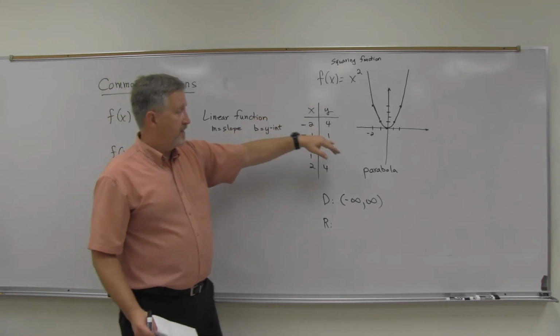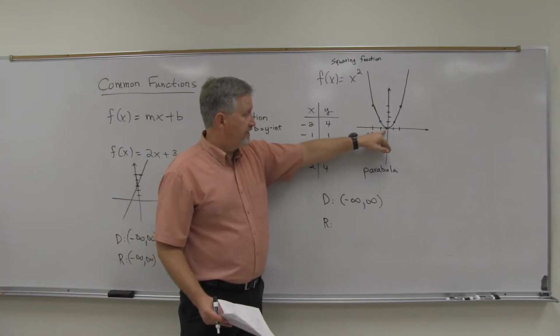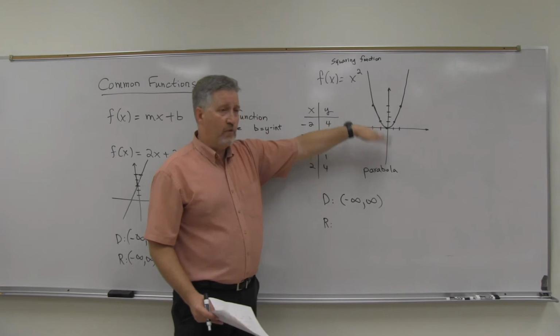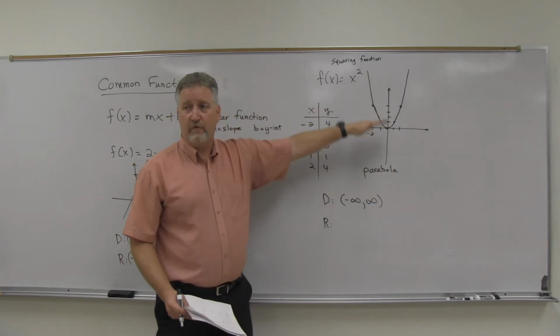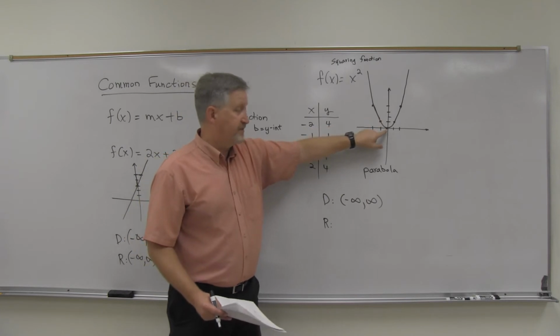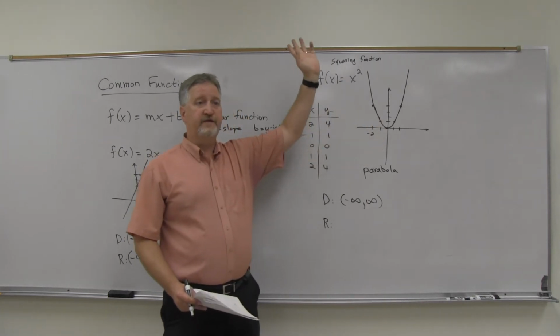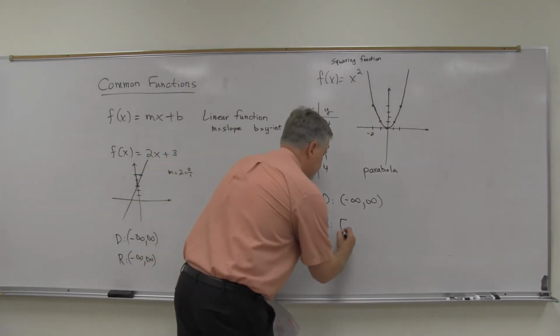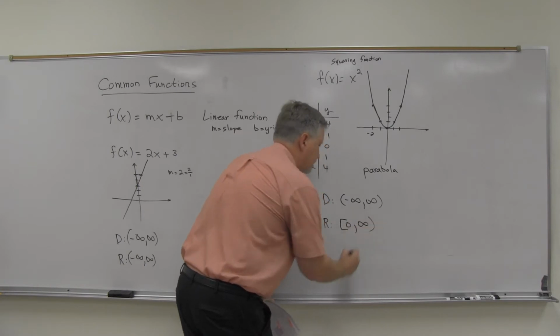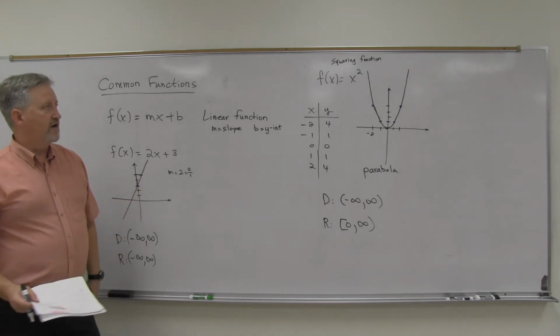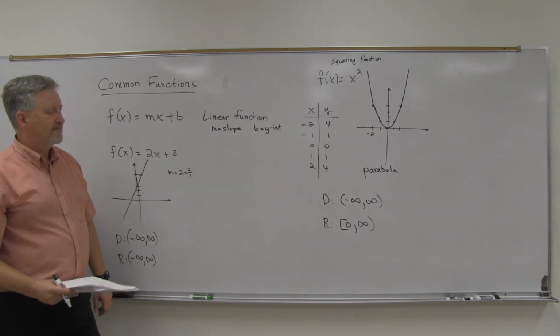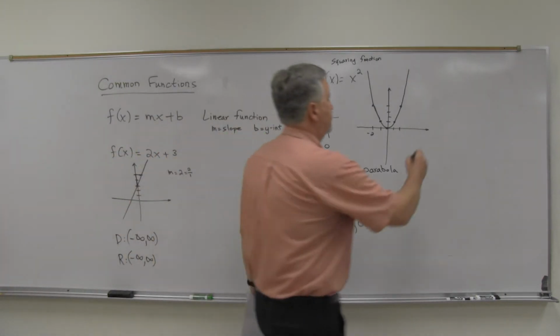You can think about it from the equation too, but if you look at the graph, for the y values, there's nothing below the x-axis. So there's no negative y values. The y values basically start at 0, don't they? 0 to infinity. So the range for the squaring function is 0 to infinity. Don't get any negative y values for that one.